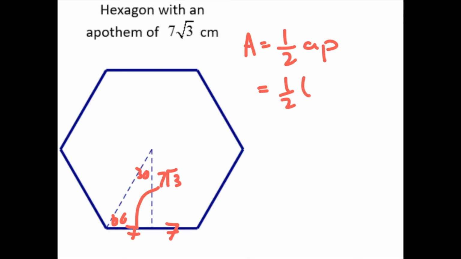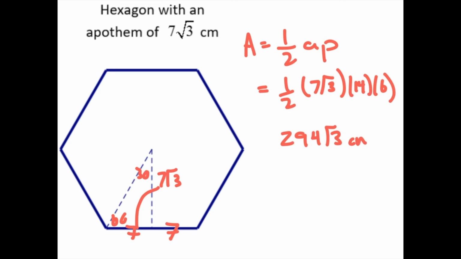The apothem was given to us as 7 root 3, and the perimeter would be 14 times 6. And if I quickly put that in the calculator, I get 294 root 3 centimeters squared as my area.